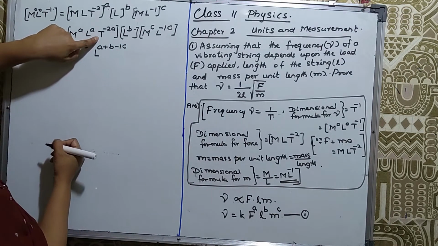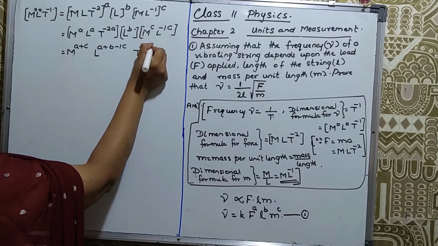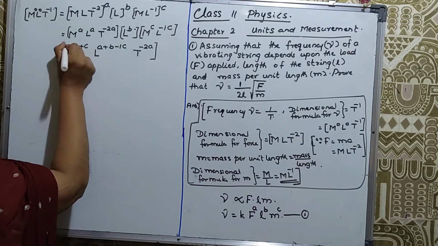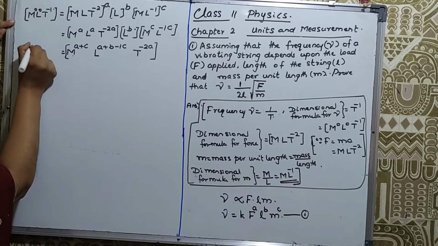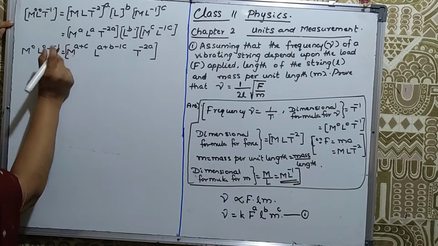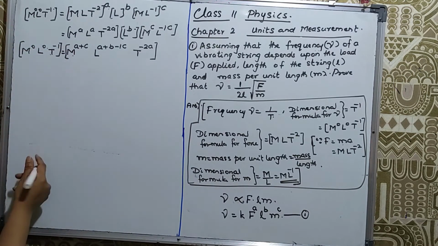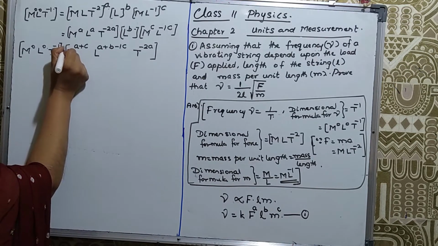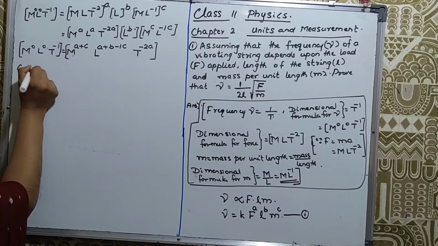And now collecting the terms with T, only one term, T raised to minus 2a. We are comparing it with M raised to 0, L raised to 0, T raised to minus 1. Now I will write, comparing the powers of M, L and T.